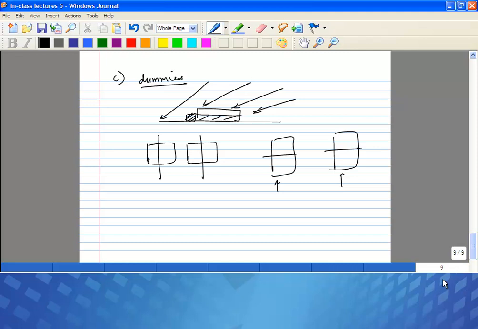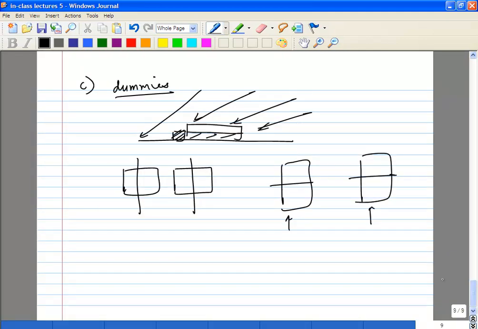So they're horizontally placed, so the diffusion is going to come from this side. Remember, since it's coming at an angle, let's say it's coming from this direction, so this transistor lies in the shadow of the second transistor.